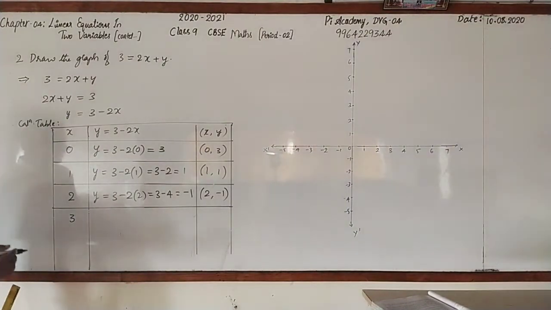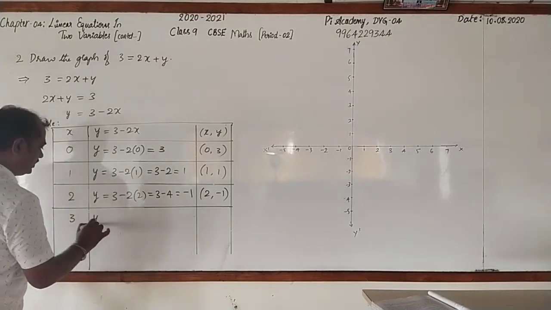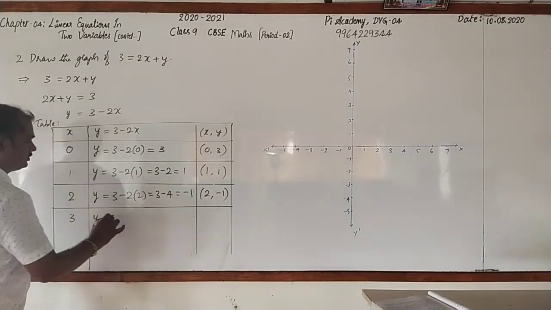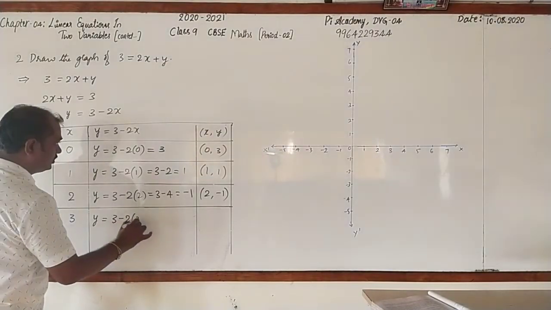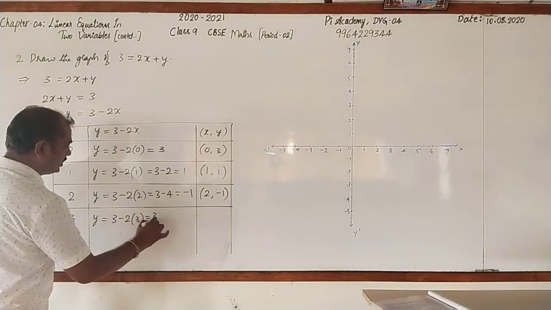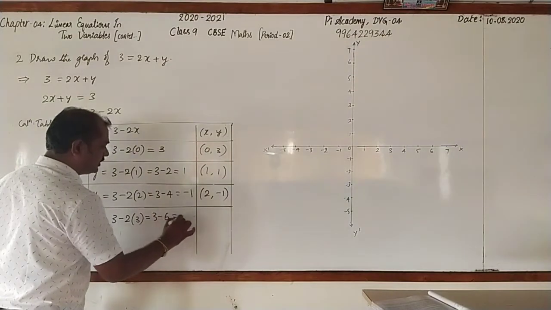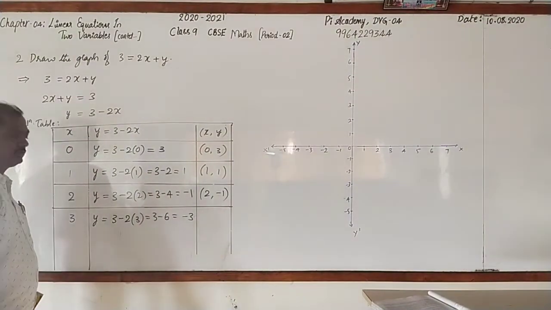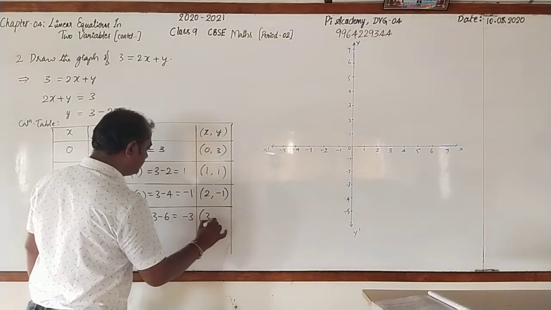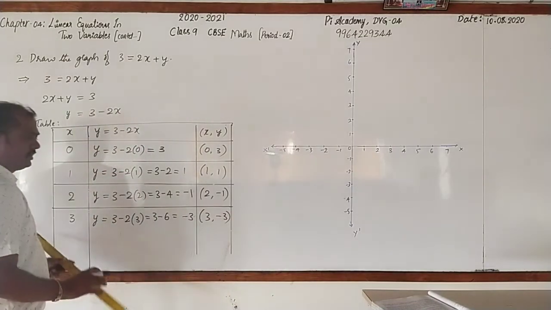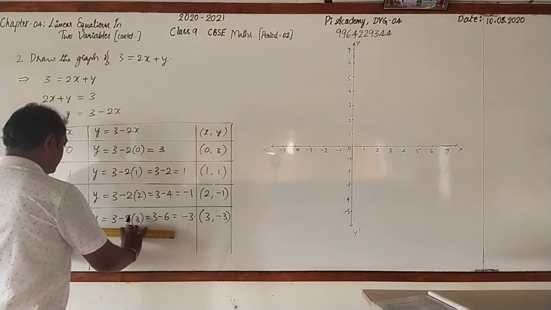Now, when x is 3, y is equal to 3 minus 2 into 3. It's equal to 3 minus, what is 2 3s are? 6. 3 minus 6, minus 3. When x is 3, y is minus 3. So 4 points are enough.